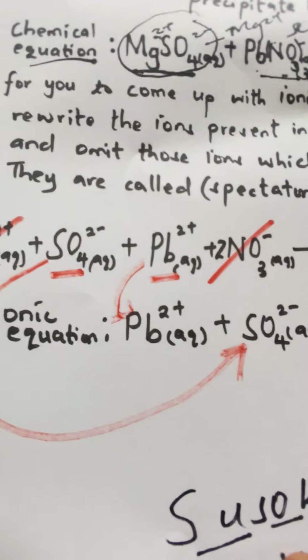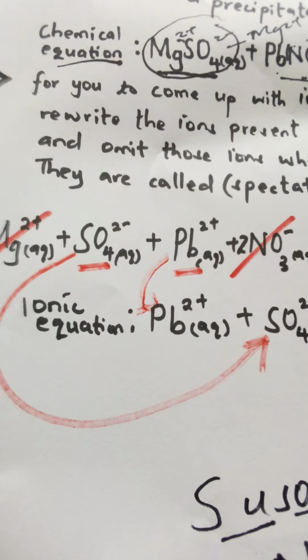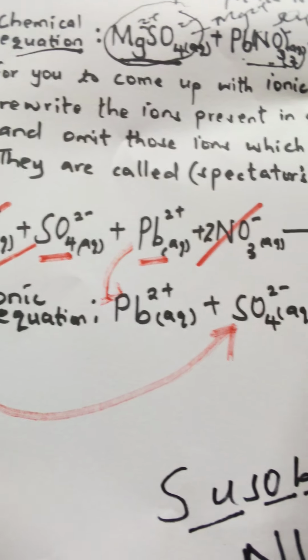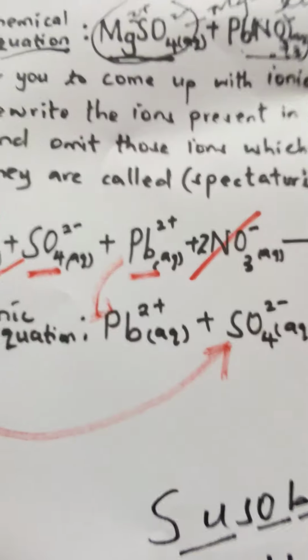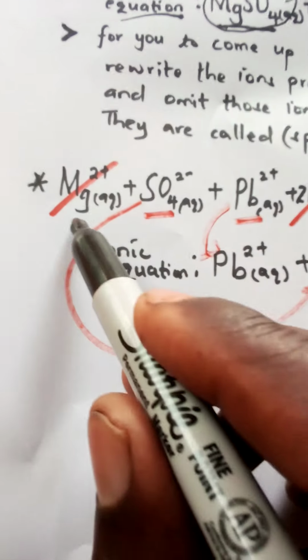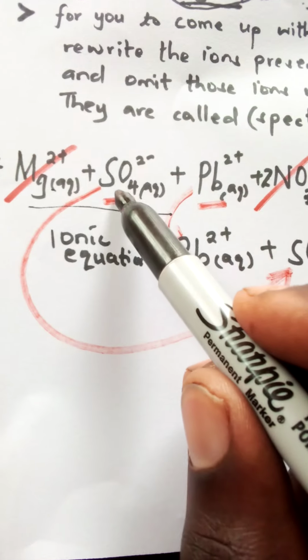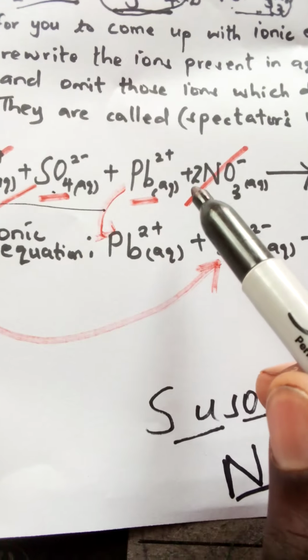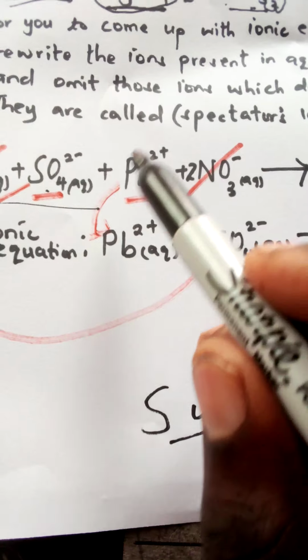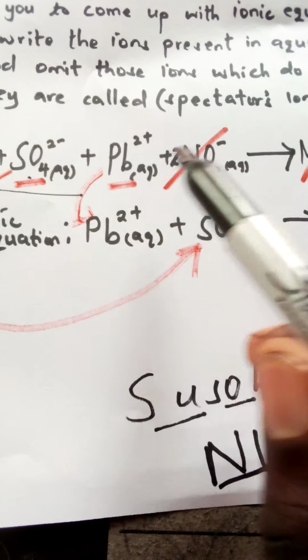These ions are called spectator ions. So we have a solution of magnesium sulfate containing magnesium ion and sulfate ion, and a solution of lead nitrate containing lead ion and nitrate ion.